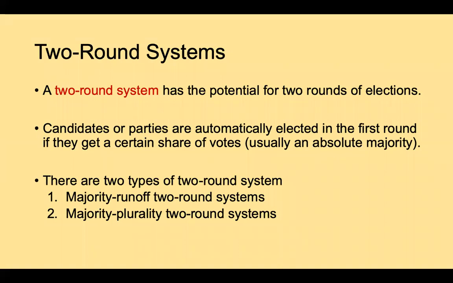If no candidate or party wins an absolute majority or crosses the threshold, they do a runoff. And there are 2 types of runoff in 2 types of 2-round system. There is a majority runoff 2-round system, and there is a majority plurality 2-round system.